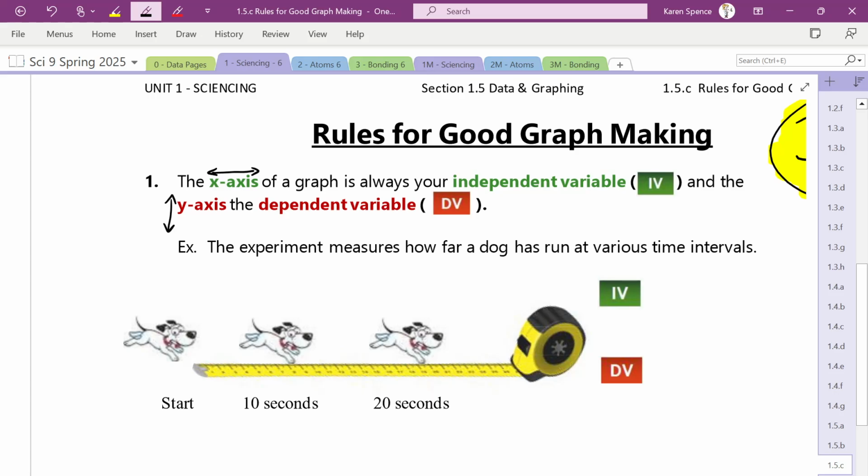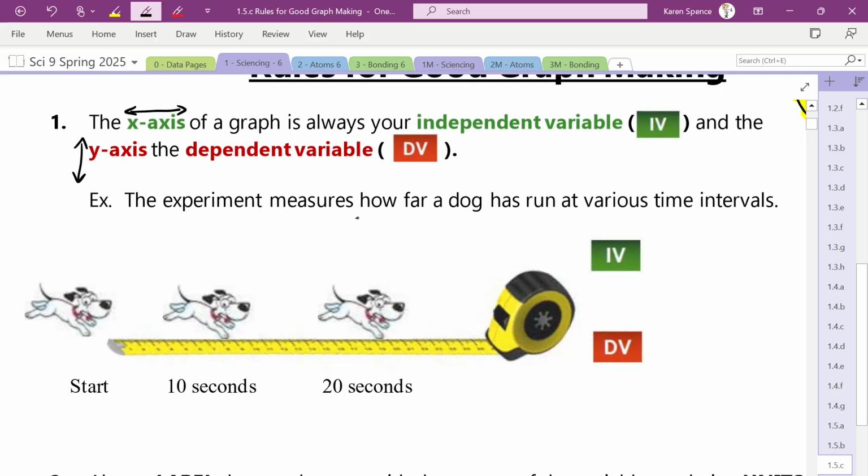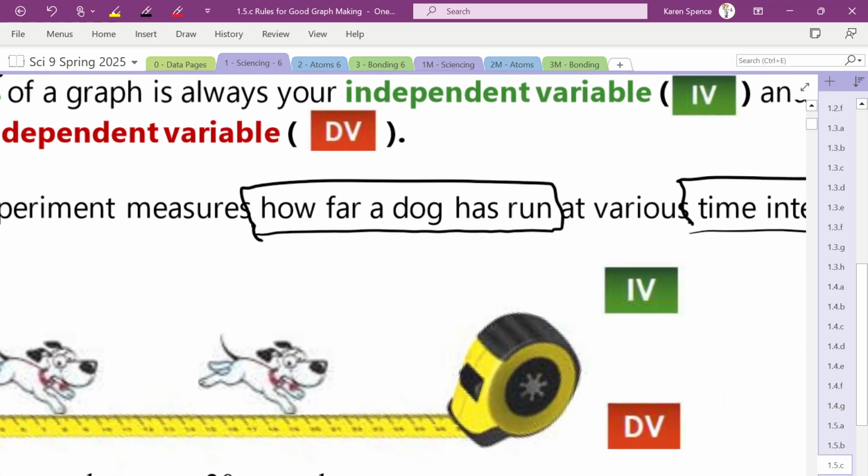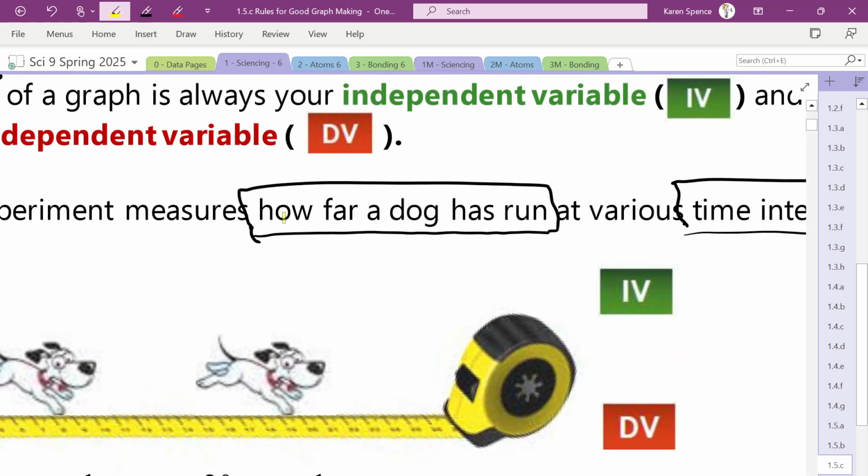So this experiment is measuring how far a dog has run at various time intervals. So we have how far they have run. What quantity is how far? Do you remember our quantities and units quiz that we did? That would be in meters. But that's the unit.